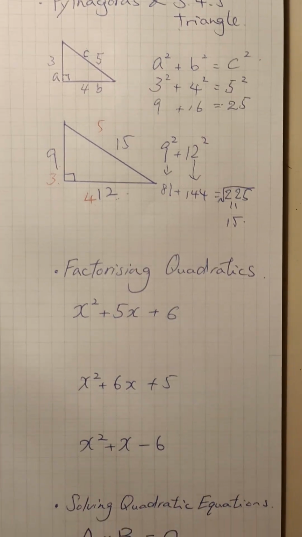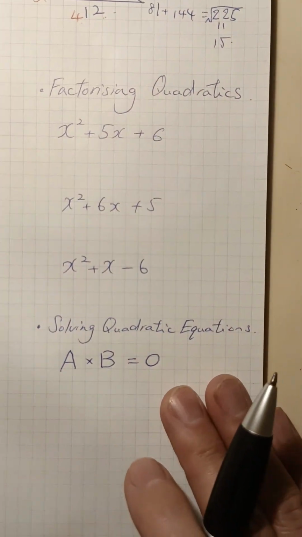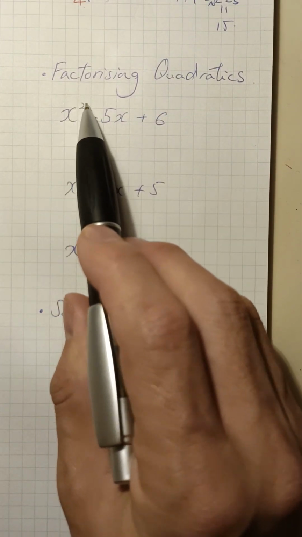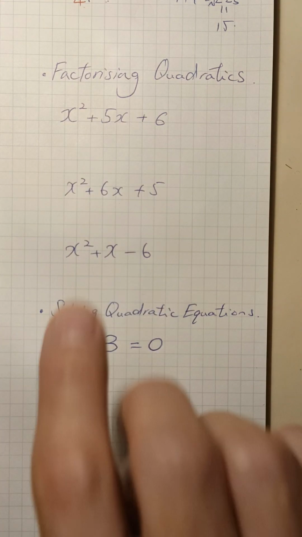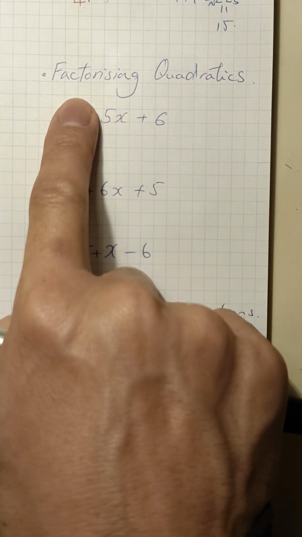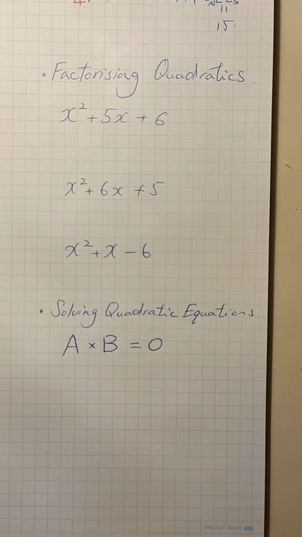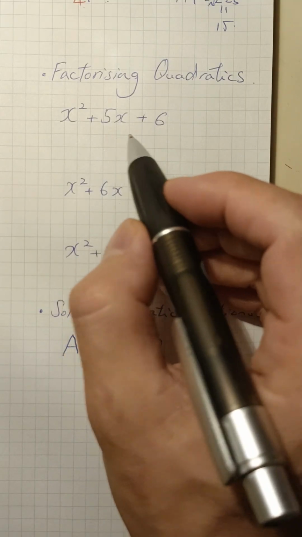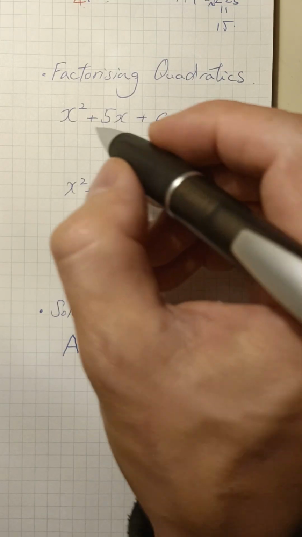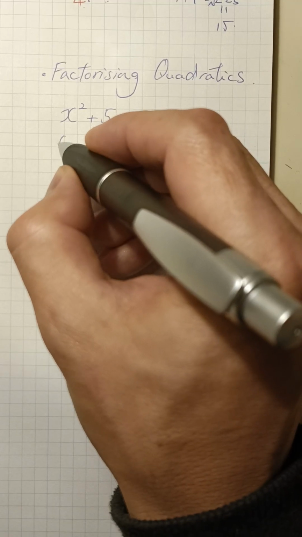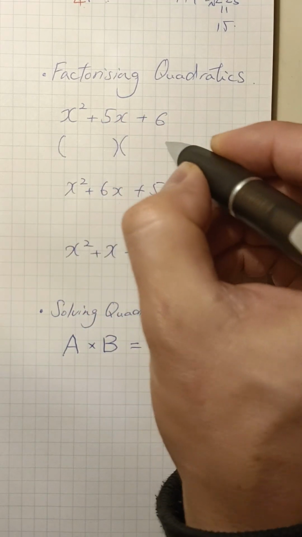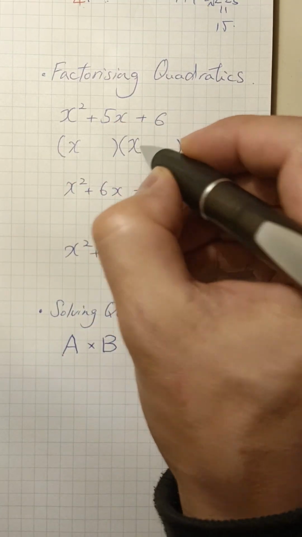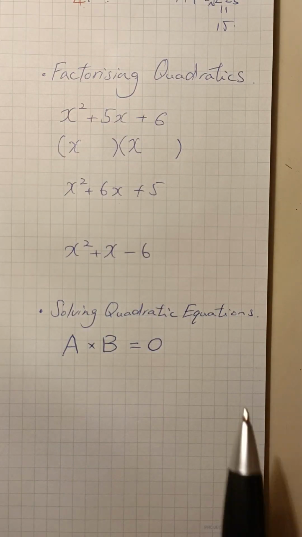Okay, the next concept is factorizing quadratics. Quadratics means the biggest degree is 2. Without this term, this is linear, but with this one it is quadratic. So to factorize a quadratic like this, there is a way to figure it out. You draw brackets with x in each, draw this format first.